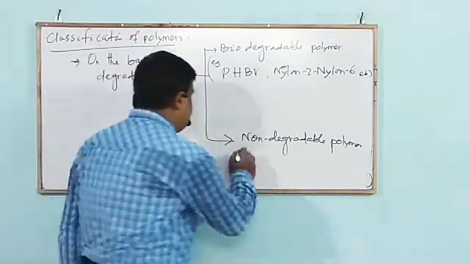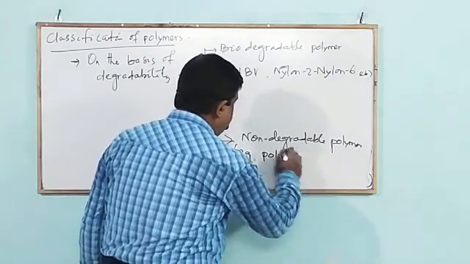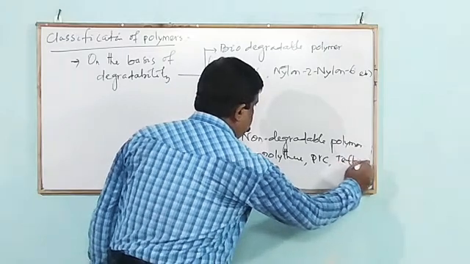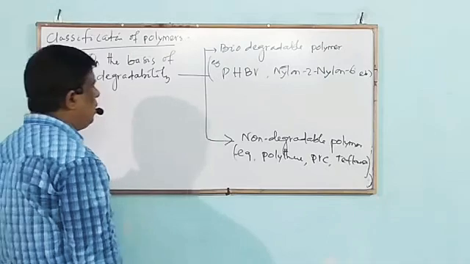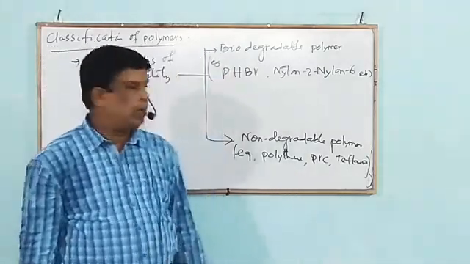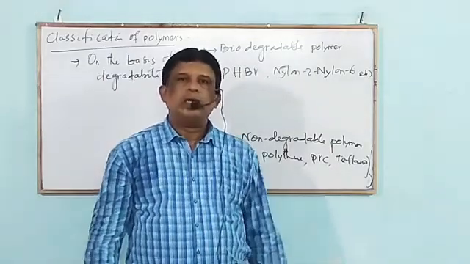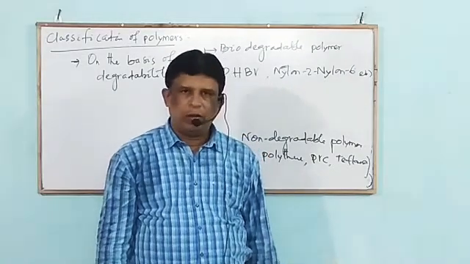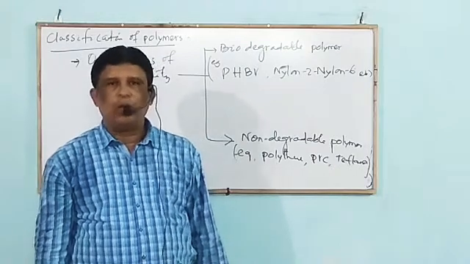For example, polythene, polyvinyl chloride, Teflon, etc. So on the basis of degradability, again it is of two types: one is biodegradable polymer, the other is non-biodegradable polymer. These are the simple ideas of classification of polymer.